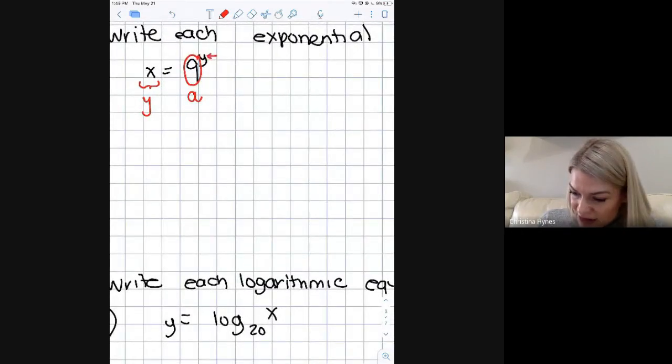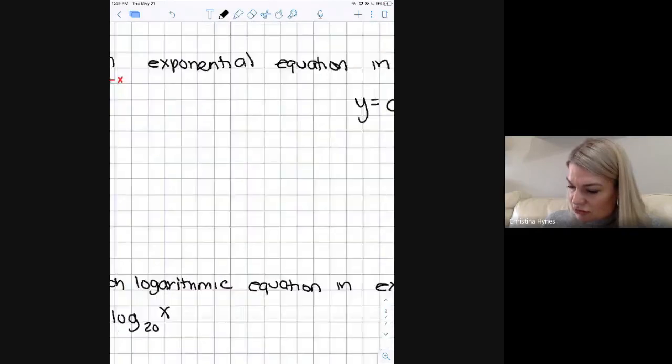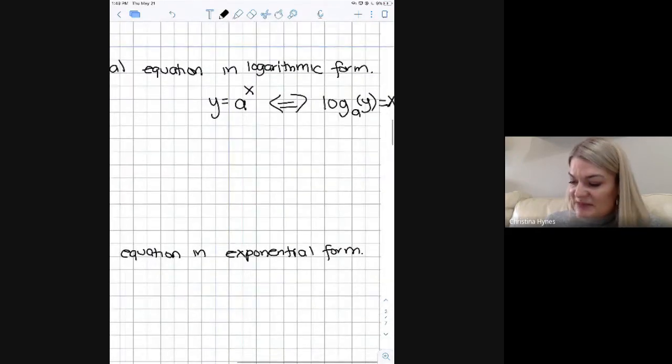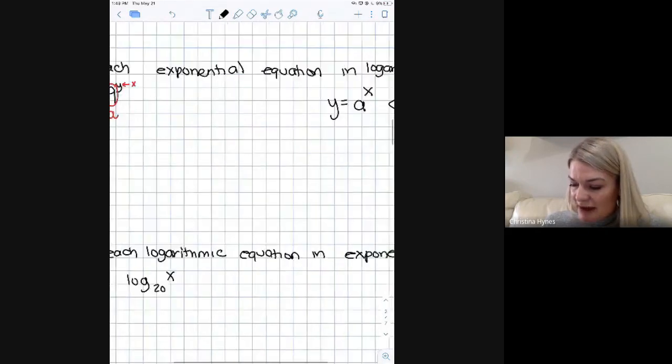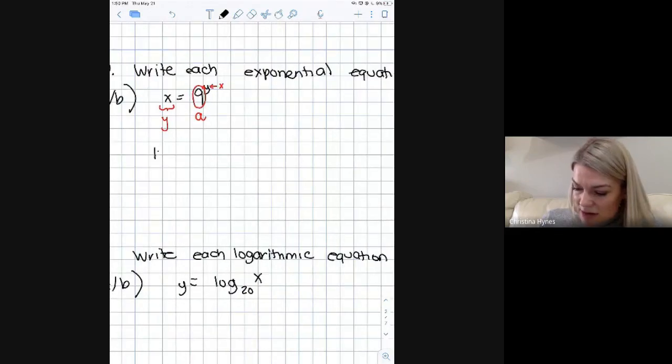This guy right here should be labeled as X. So what you're going to do is write it in this form where we have, you guys look over here, I said it has to be log base A of Y. Log base A, which is a little 9, so that corresponds to what I have in my A spot. So that's number 9. And then you put your answer in brackets, which is X, and that should equal Y.